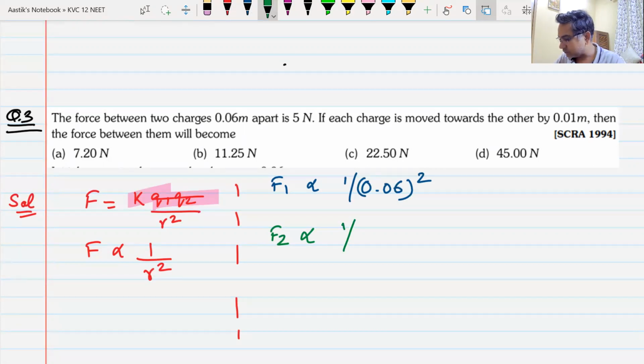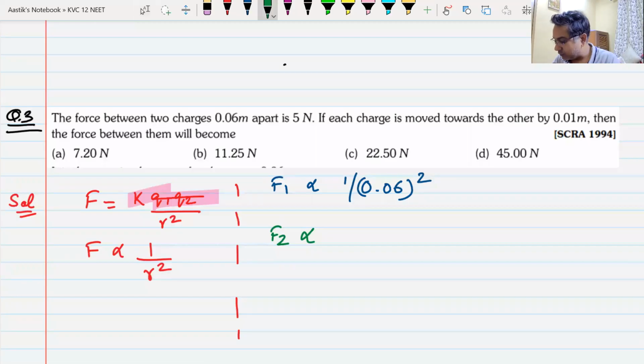Yes or no? The distance has become 0.04. So the next force is proportional to 1 by 0.04 square. Do we understand this? Yes or no?